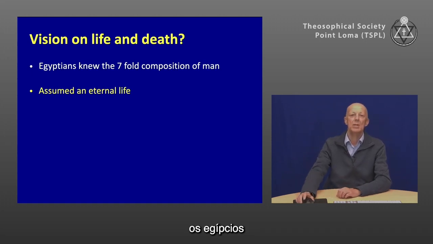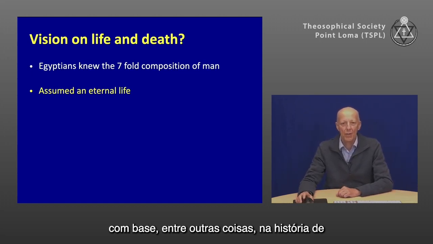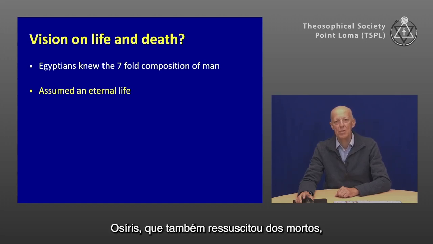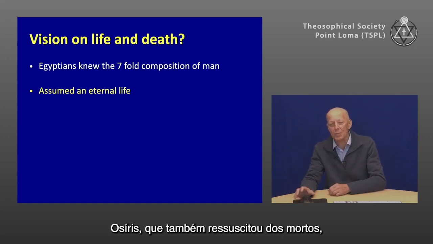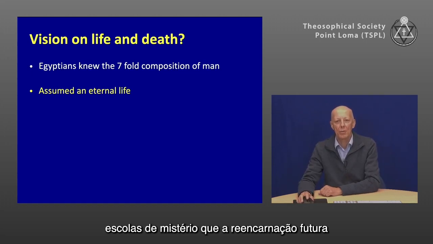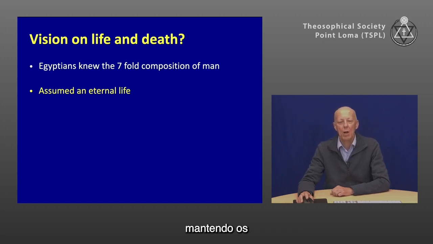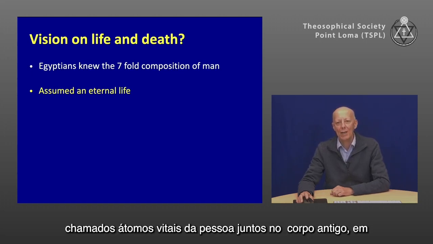The Egyptians came to the practice of mummification based on, among other things, the story of Osiris, who was also raised from the dead, and it was taught in the mystery schools that future reincarnation could take place more quickly by keeping one's own so-called life atoms together in the old body.